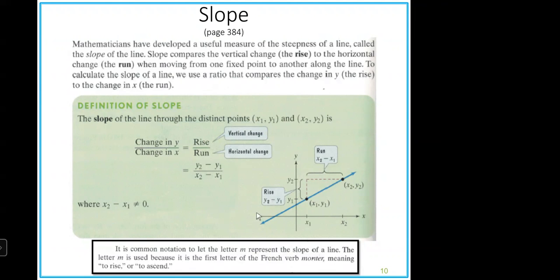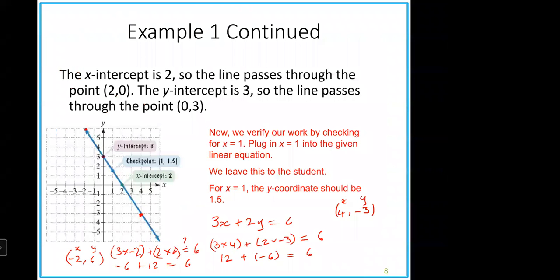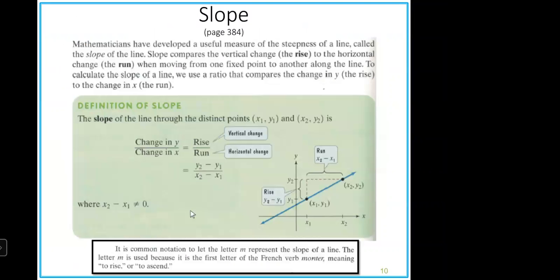Okay, so you will notice that these lines that we have been looking at, they are drawn at a sort of angle. Okay, and we have a way of sort of trying to measure the angle at which the line falls or rises, as the case may be.